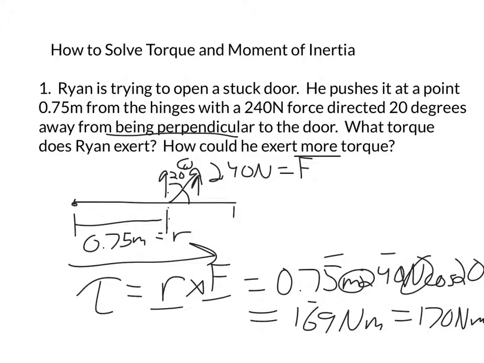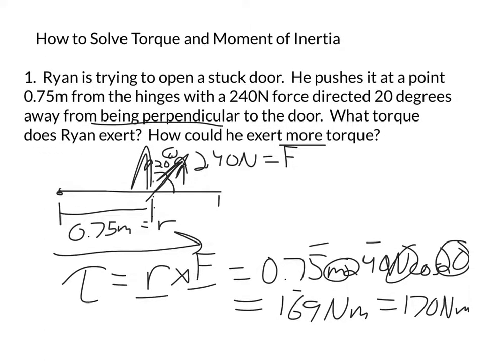Or if this angle were closer to 0, the cosine of 0 would be maximum. So if he tilts his force, instead of pushing this direction, if he pushes straight with those same 240 newtons, he will actually get more torque out of it. Okay? Any of those will work. And if he wants real max, he should do all 3.